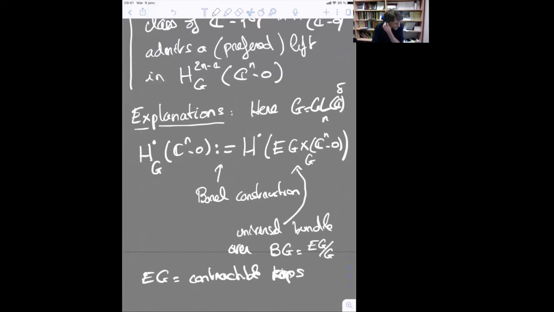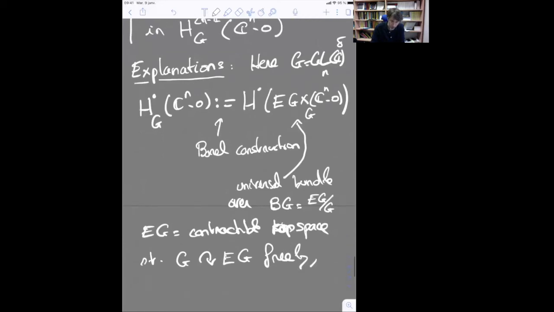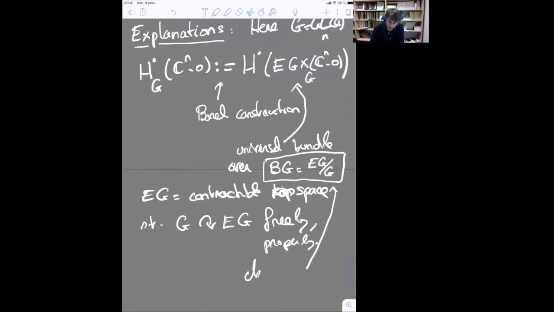In fact, it will be a simplicial set, but such that G acts on EG freely and properly. So this BG, the quotient of EG by G, is a classifying space for G. So in particular, the cohomology of BG is the same as the group cohomology of G.